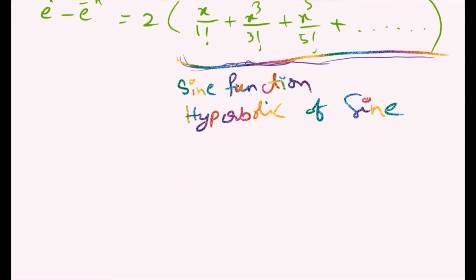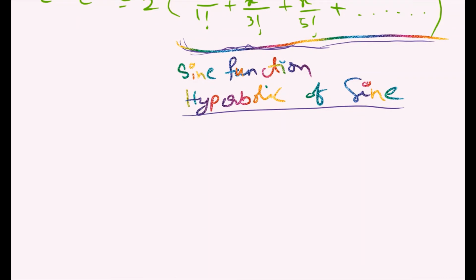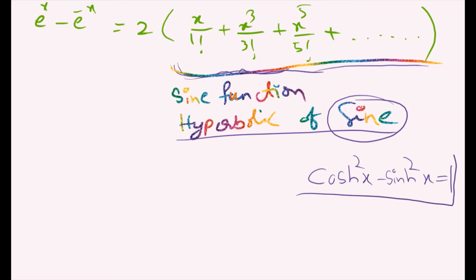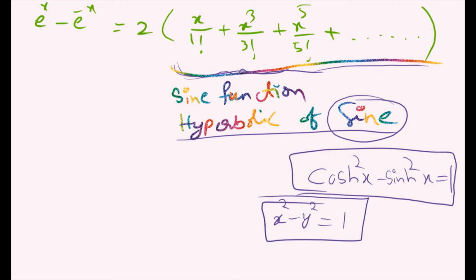But why do we call it hyperbolic sine? Similarly, I can find the expansion of cosh x. In hyperbolic functions, we have a relation which says cosh square x minus sinh square x equals 1. If you look at this, it is something like x square minus y square equals 1. If you plot a graph of this, what we get is a hyperbola.